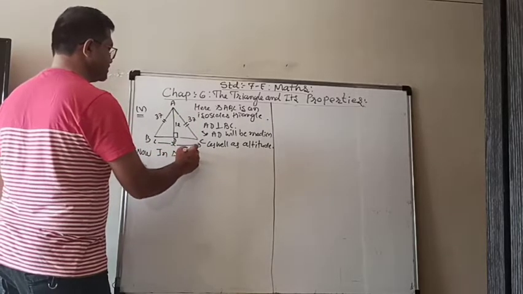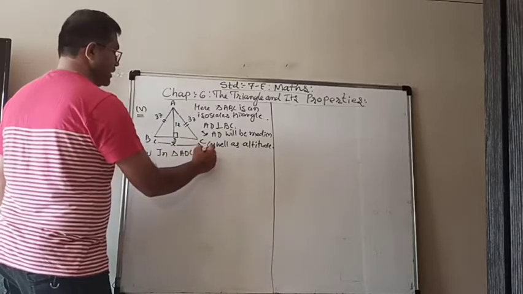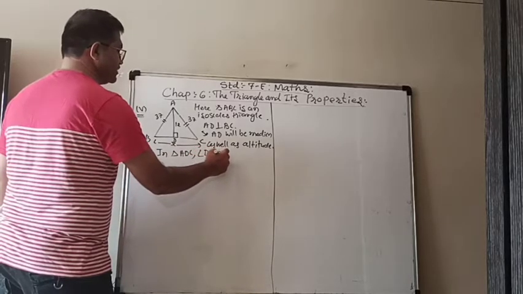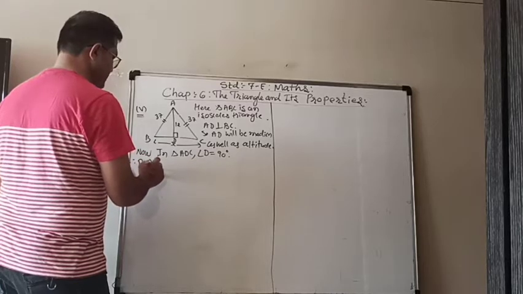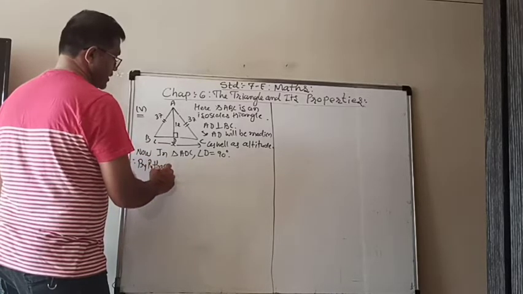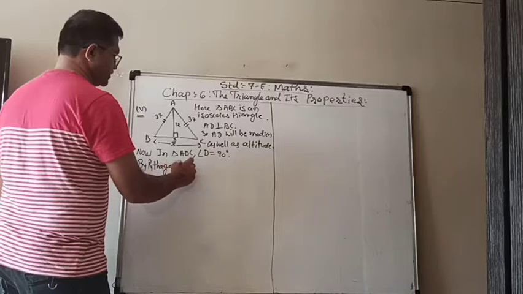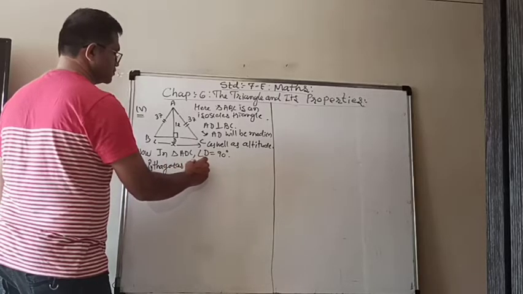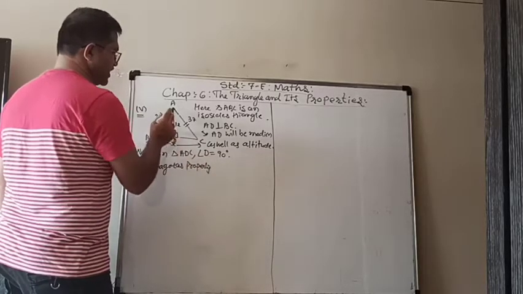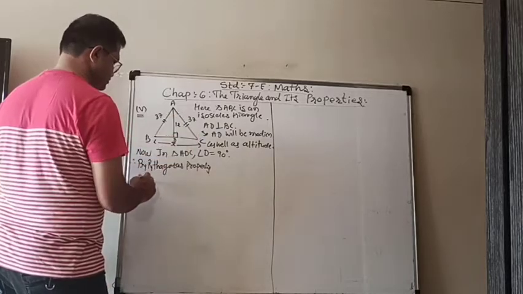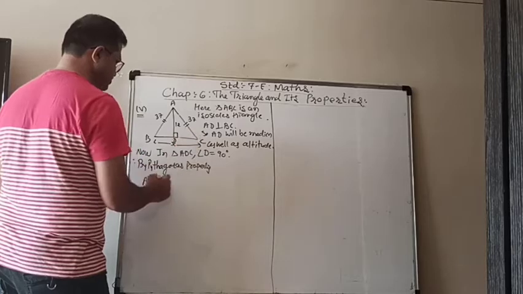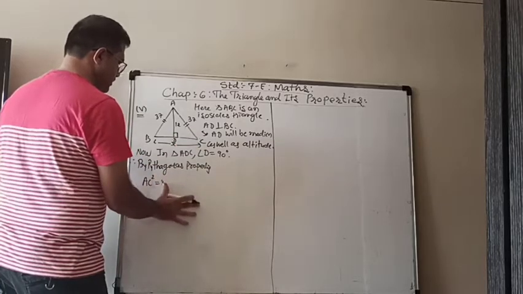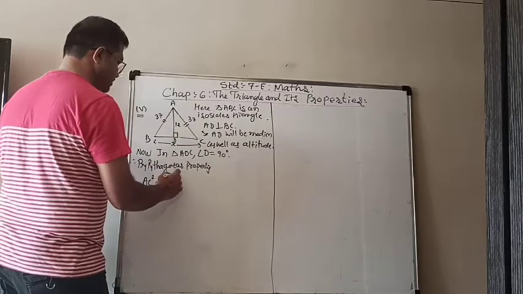In triangle ADC, angle D is equal to 90 degree, and therefore by Pythagoras property, which is the hypotenuse here? AC. So AC square is equal to AD square plus DC square.